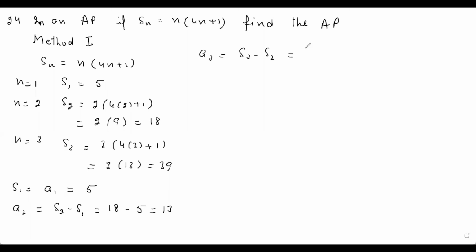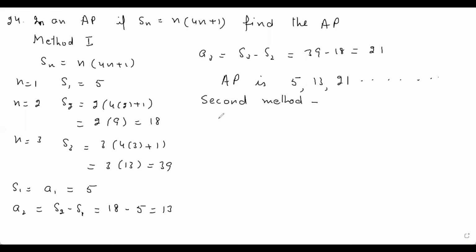That is equal to 39 minus 18 is equal to 21. So AP is 5, 13, 21 onward. This is an AP. The second method is, we know an is equal to Sn minus Sn minus 1.